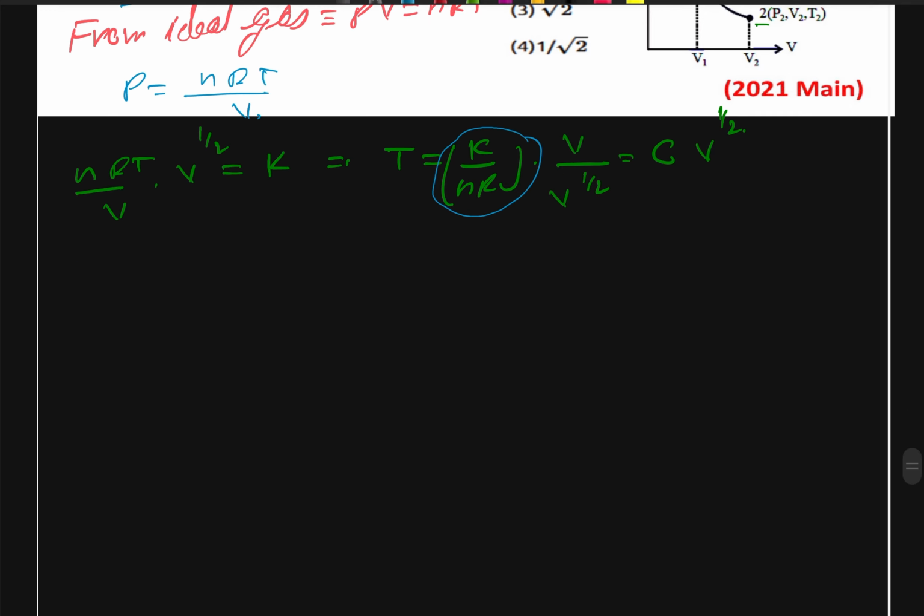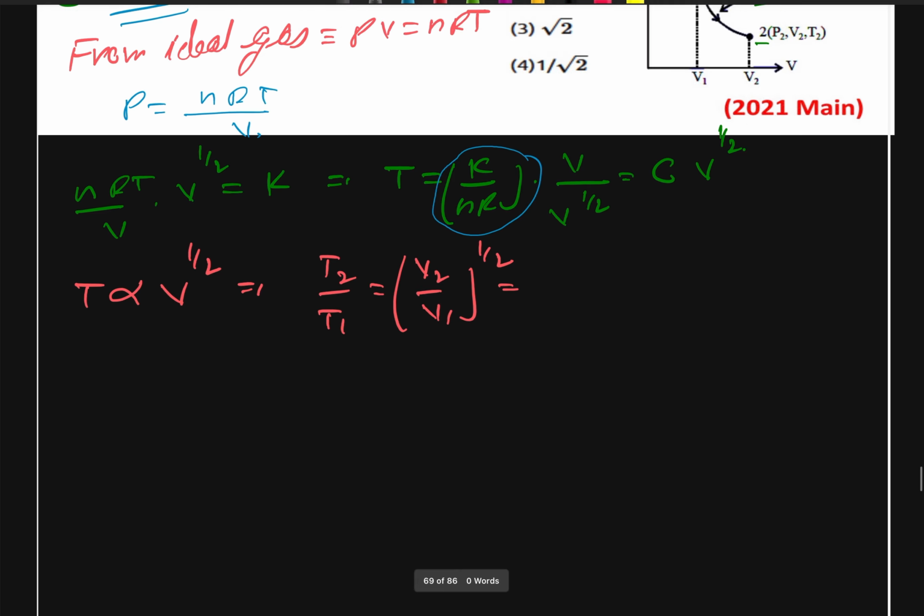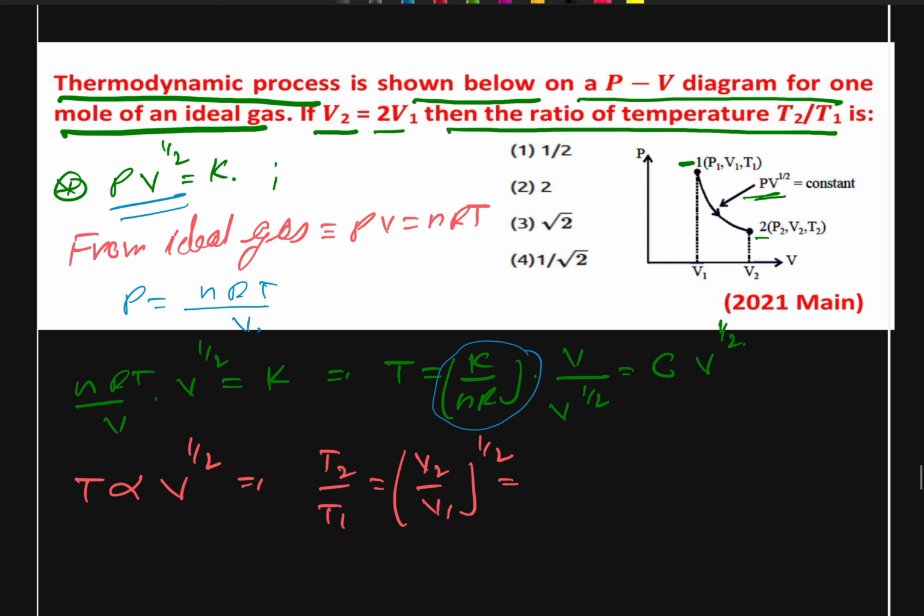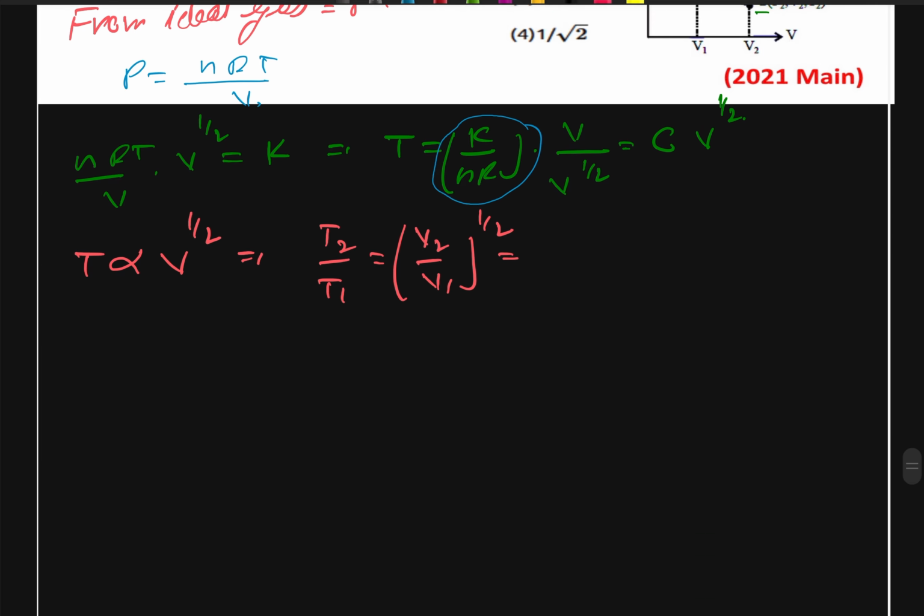Because C is a constant, temperature is proportional to V^(1/2). Thus T2/T1 is equal to (V2/V1)^(1/2). The volume relation is V2/V1 equal to 2, so it is (2V1/V1)^(1/2).